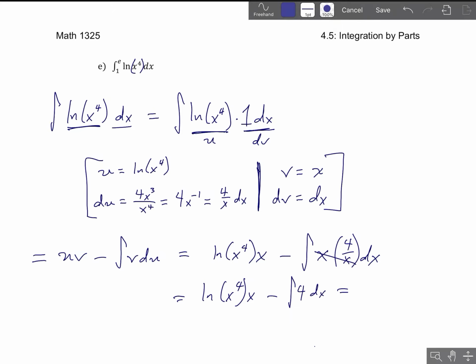So this would just be the integral of 4 dx. And when we integrate that, we would get ln x to the fourth times x minus the integral of 4 is just 4x. And if you'd like, you can put a plus c here, but because this is a definite integral, we won't really be using this plus c. So that's what we get as our integral.